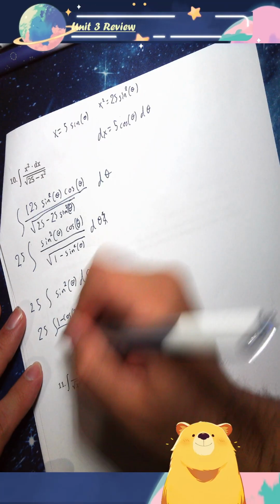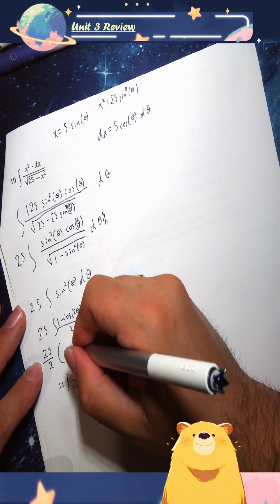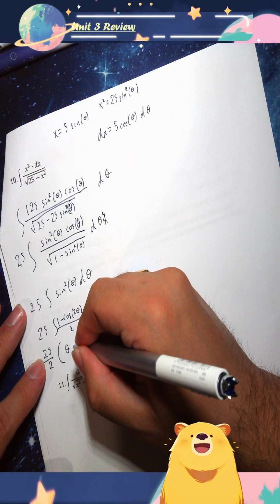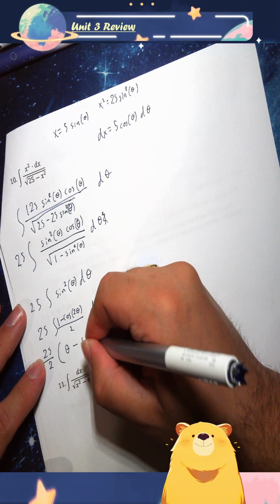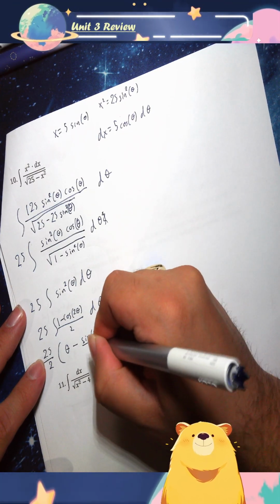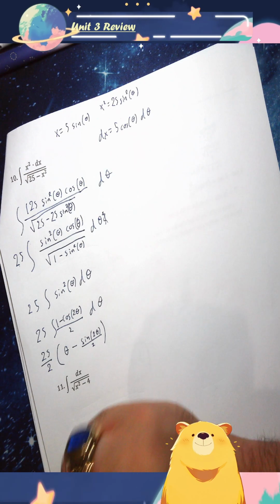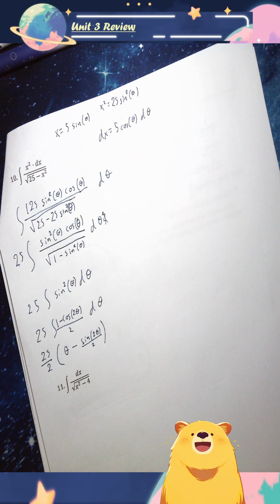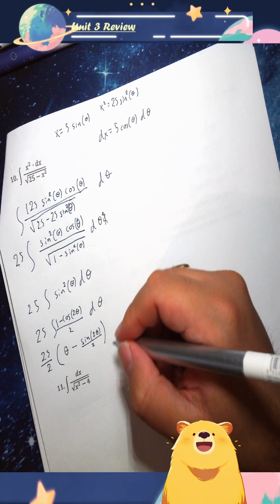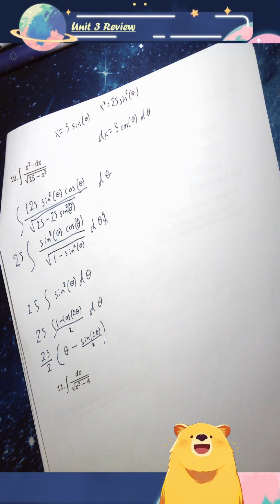You'll have 25 over 2 parentheses theta, and then minus sine of 2 theta over 2. And then from using sine of 2 theta, you have, what is it? Hold on, I'm trying to remember. So double angle formula.